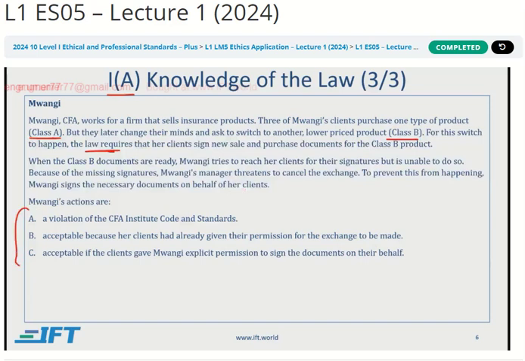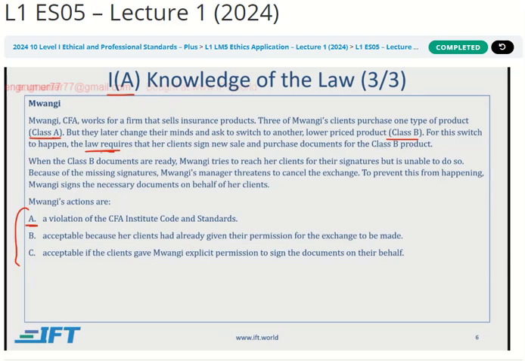Now, the options are Mwangi's actions are A, a violation of the CFA Institute Code and Standards, B, acceptable because her clients had already given their permission for the exchange to be made, and C, acceptable if the clients gave Mwangi explicit permission to sign the documents on their behalf. Now, again, I want you to think about this.